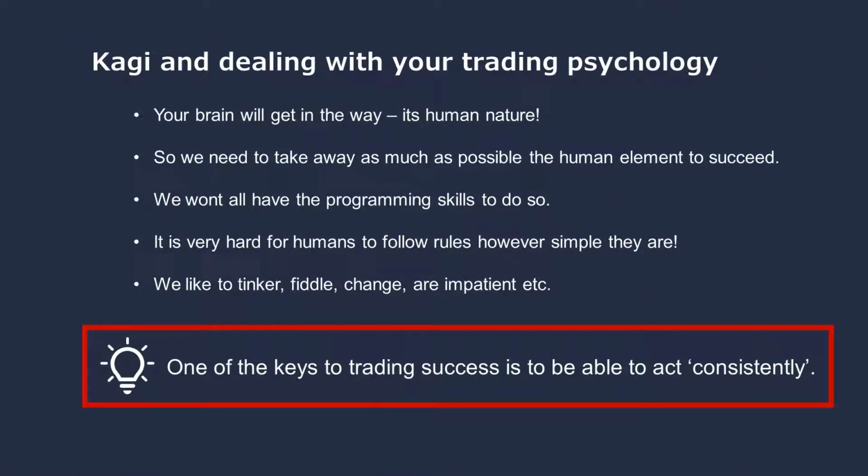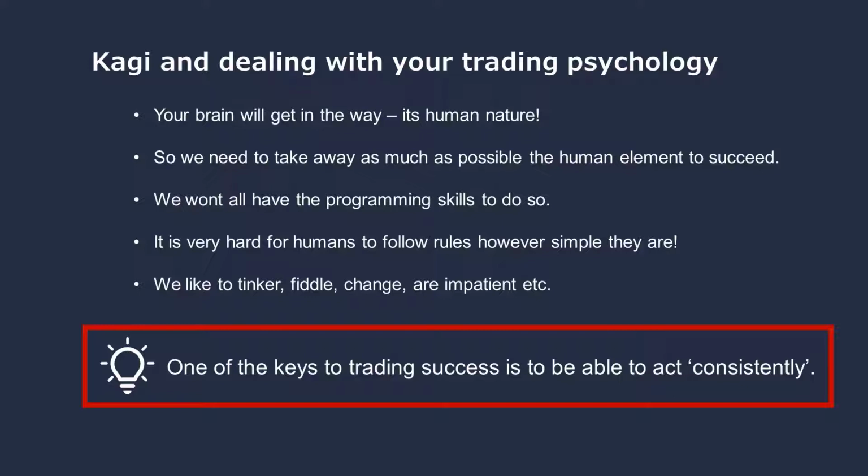One of the big things I've found with Kagi charts is that they are especially good for dealing with your trading psychology, and for most retail traders, trading psychology is one of the hardest things to master. So if we can use a chart type that helps us, then that's all good, because unfortunately, like in anything, our brain gets in the way. It's just human nature.